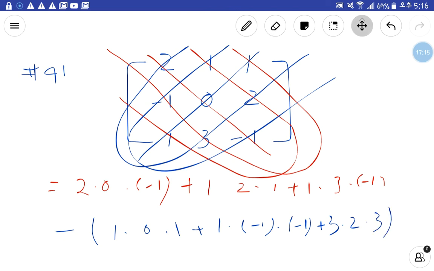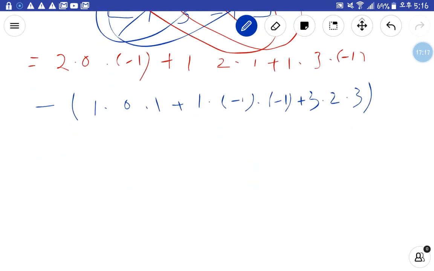Close it. Now what? Simplify. So any number times 0 would be 0 plus 2 minus 3. And then now minus 0 plus 1 plus 3 times 3, 9 times 2, 18.